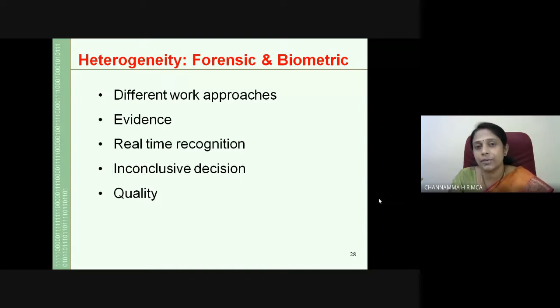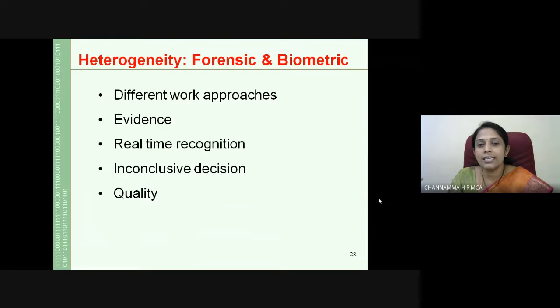But in the case of biometric systems, we will have enough samples, and we make a template of a particular person, of the face or the fingerprint. By taking many samples, a standard template will be made for each person, and it is easy to decide and recognize an individual.